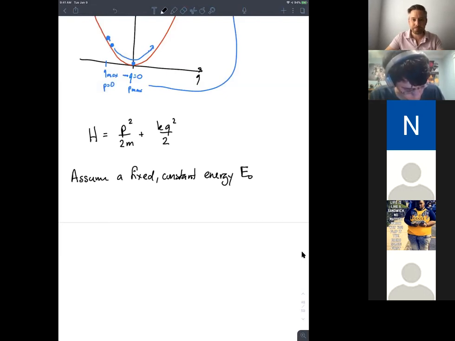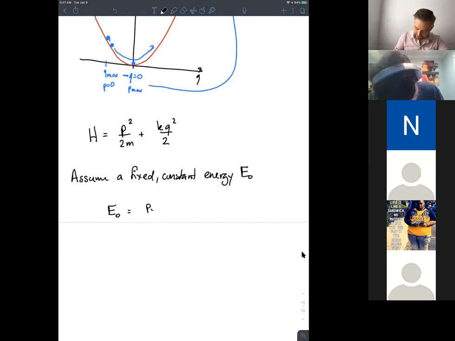Okay, and so now what I'm interested in are all the possible combinations of P and Q that will give me this fixed constant energy E naught. So in other words, I'm interested in the P's and Q's, P naught and Q naught, K Q naught squared over 2, that give me this fixed energy E naught.